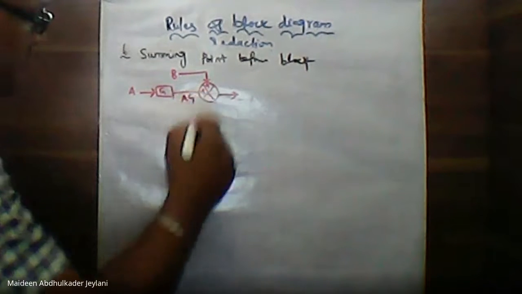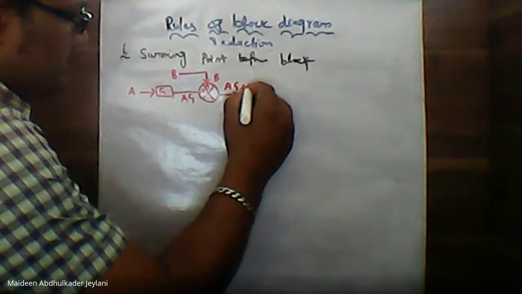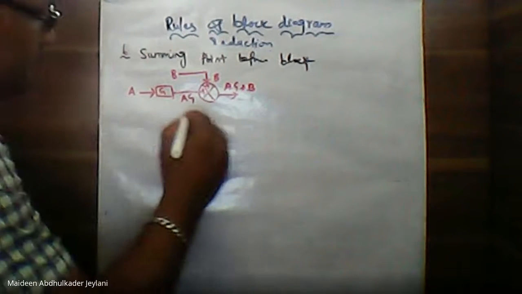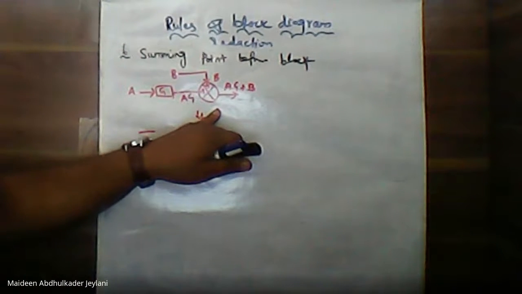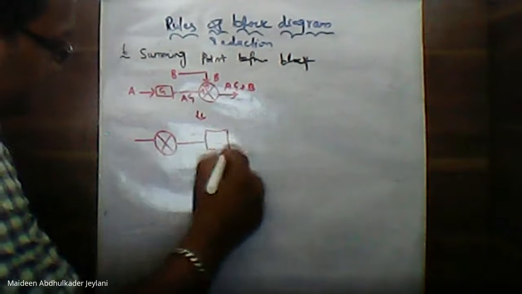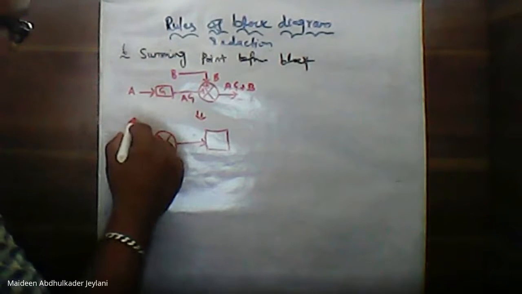Here the output is AG, here the output is B, and the output of the whole system is AG plus B. When you are moving this summing point before the block, we need to bring this summing point before the block. So first, isn't it a division?